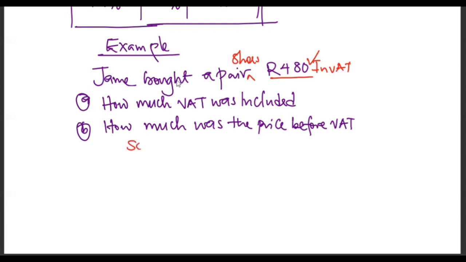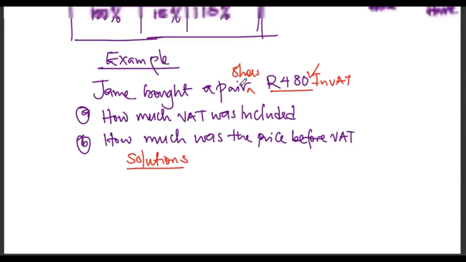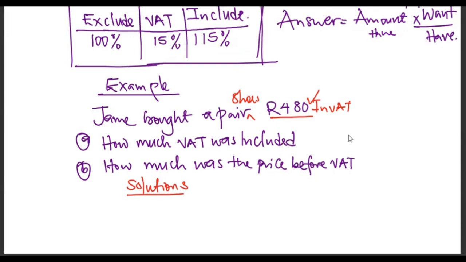So let's try it out here. Remember we said the price that we have already includes VAT. So we are here. What we have is this one here. What we want is this. You understand?